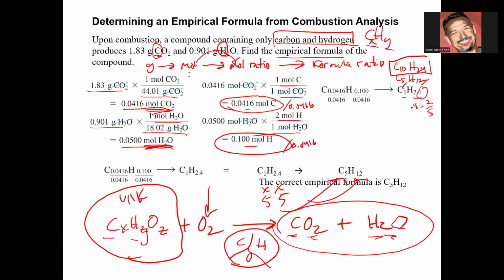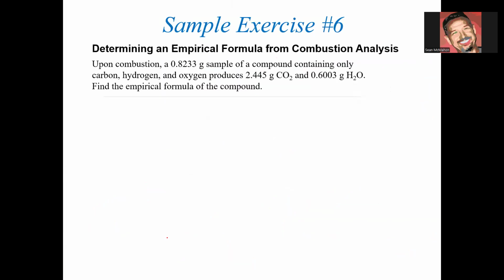But what I can do is, from the CO2 and H2O, just like I did here, figure out the grams of carbon and the grams of hydrogen and then subtract to get the grams of oxygen. Okay? So that's sample exercise 6.